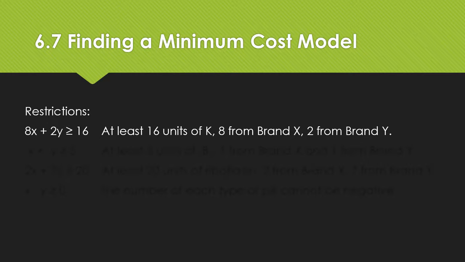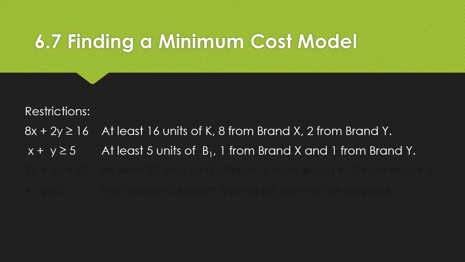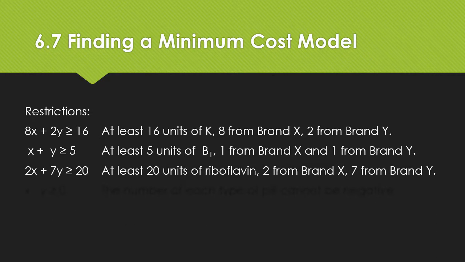She gets 1 from brand X and 1 from brand Y, so x plus y is greater than or equal to 5. And then at least 20 of riboflavin. She gets 2 from brand X and 7 from brand Y, so 2x plus 7y is greater than or equal to 20. And we also know that she can't give a negative amount of pills, so x and y both need to be greater than or equal to 0.